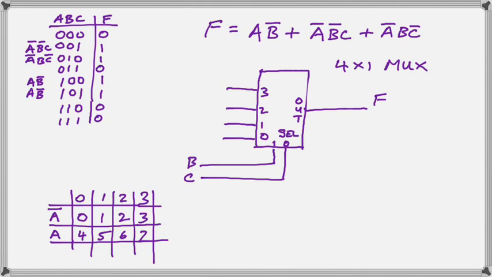Okay, now this is the part that we're going to do in slow motion. We're going to pick off the ones of the function. Notice that I've marked them there. And we are going to circle the ones of the function in our table below.